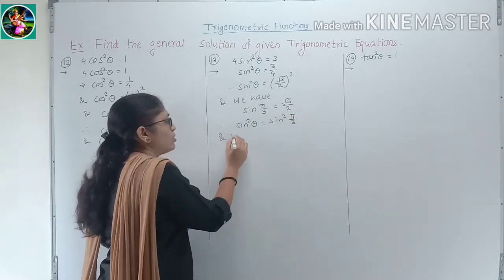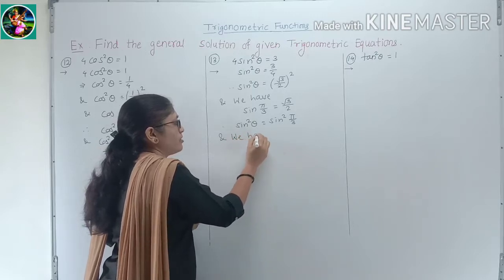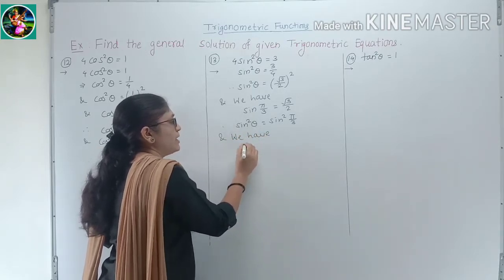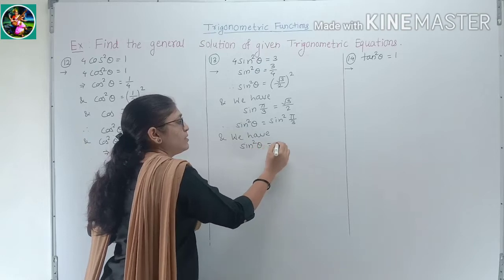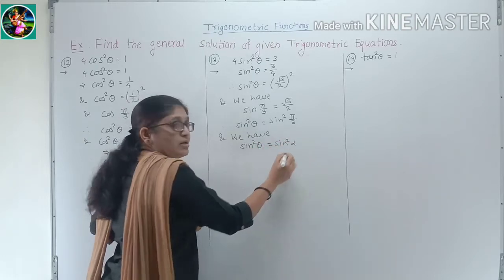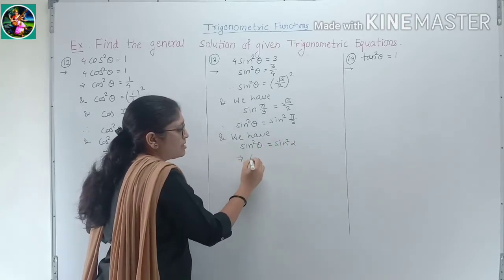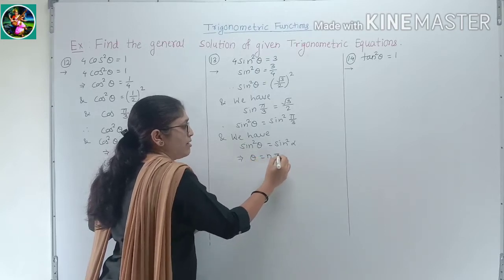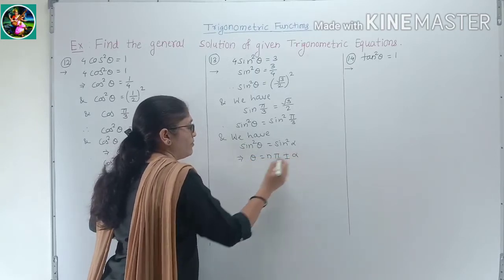And we have the solution that sin square theta is equal to sin square alpha gives that solution theta is equal to n pi plus or minus alpha.